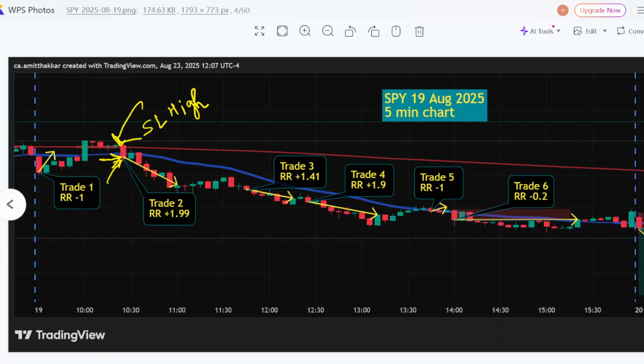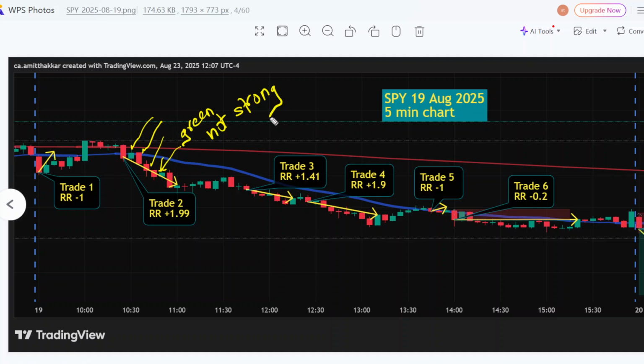So where do we exit once we enter the second trade? You see, this is a small green candle, we hold. Green, red candle, red candle, red candle. This green candle is there, but this green is not strong. It's a weak candle. Then there's a red candle, we hold the position.